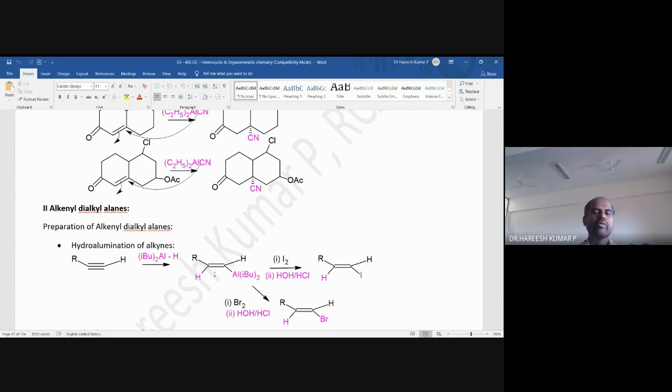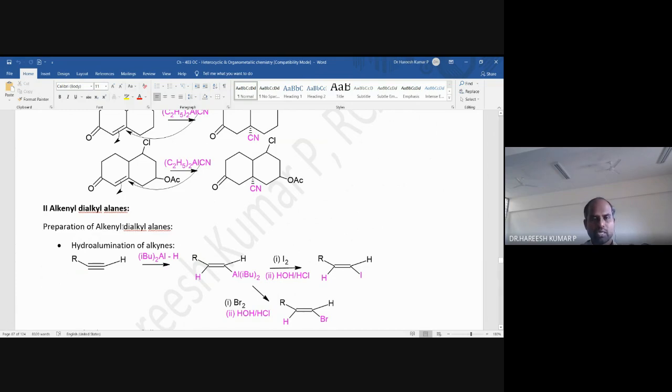Now we have to discuss alkynyl. Alkynyl means containing a double bond, or vinyl group, and the other two substituents on the aluminum are alkyl. So that reagent is also one of the organoaluminium reagents.